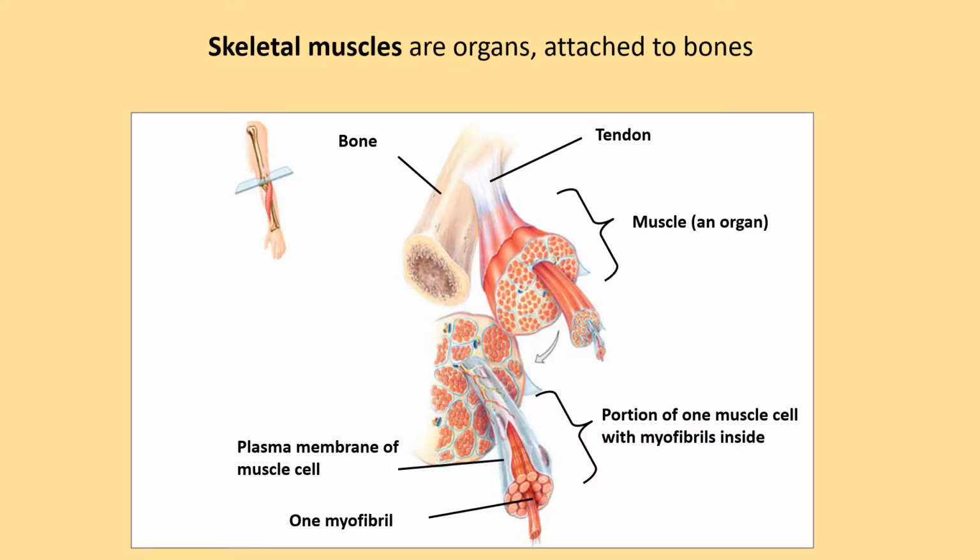All right, so any given muscle in your body, skeletal muscle, is attached to your skeletal system. That's why we call it skeletal muscle. So it's attached to bones. And muscles are attached to bones through sort of ropes of connective tissue called tendons. Tendons join muscle to bone.